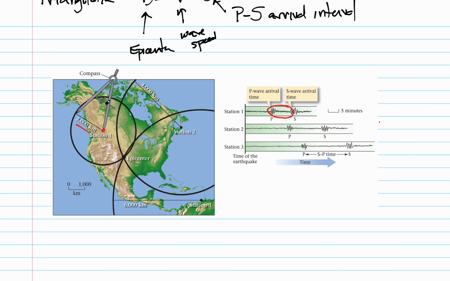So from this seismograph, we know the earthquake had to have been 2,000 kilometers away from it, somewhere on that circle. Then we go to another seismograph, and at station 2, we know that it had to be somewhere along this circle. If you get a third, you can get more restricted, and at some point you actually get all these circles overlapping, telling us exactly where the epicenter of the earthquake is. You can do it with 3, but you could also do it with 1,000.